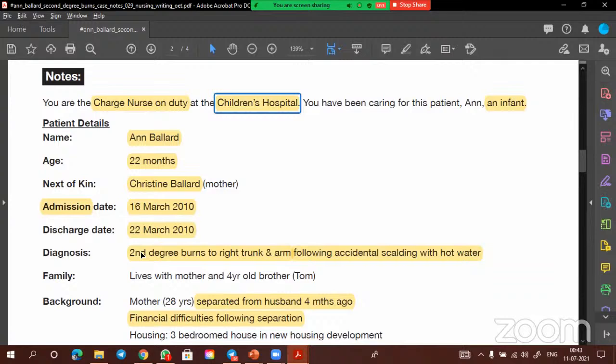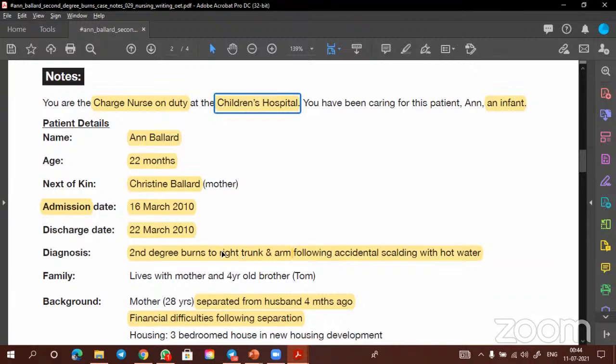With, or you can also say, was diagnosed with second degree burns. Like that also you can write. That is another way of writing. You can write n number of types, but you have to be very clear and careful.